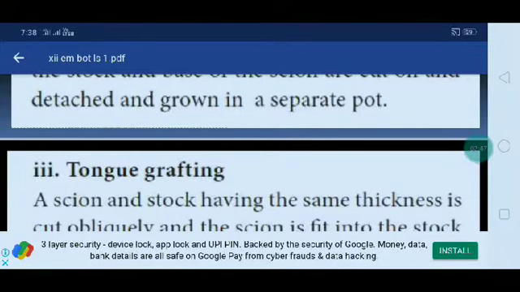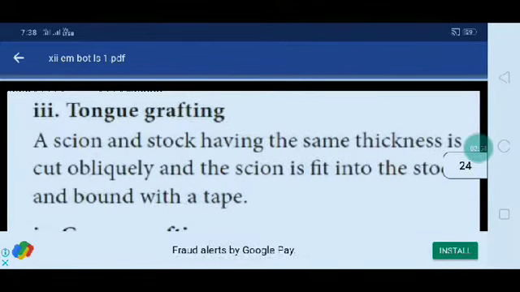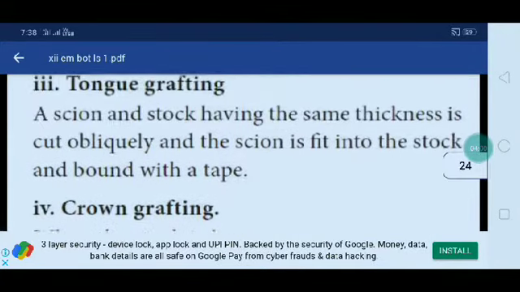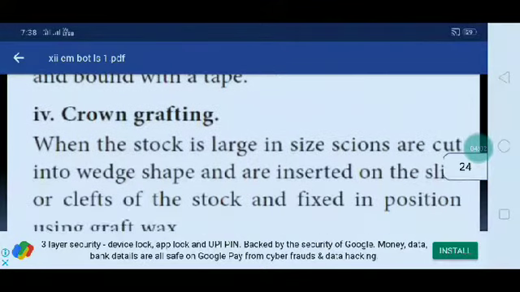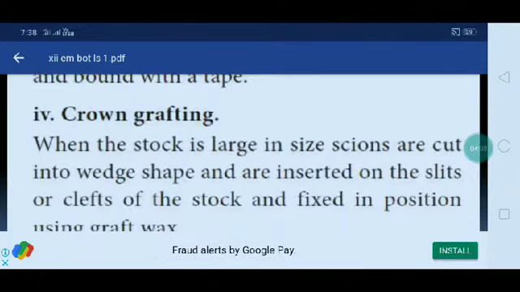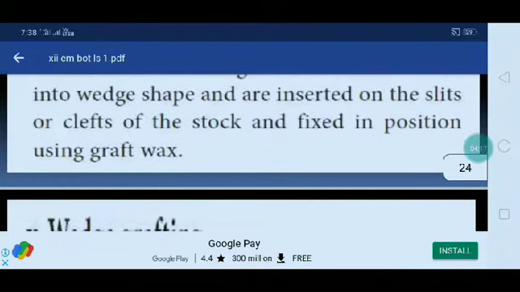Okay, the next one is tongue grafting. A scion and stock having the same thickness are cut obliquely and the scion is fit into the stock and bound with the tape. That is called tongue grafting. Then crown grafting. Here, when the stock is large in size, scions are cut into wedge shape and are inserted into the slits cleft in the stock and fixed in position using graft wax.